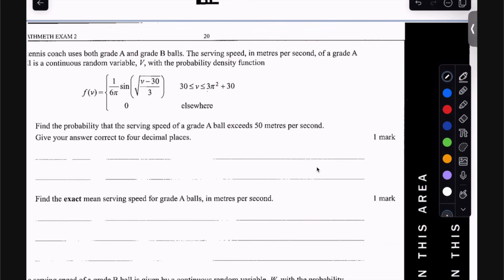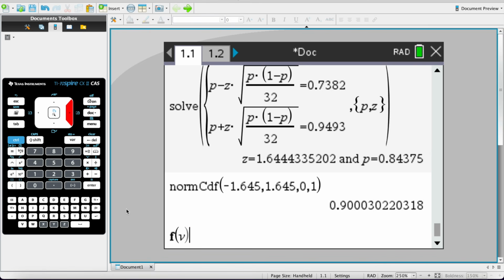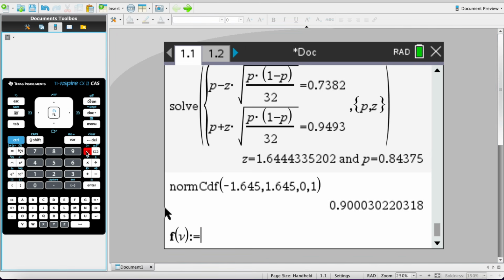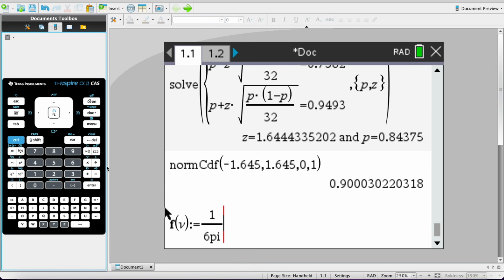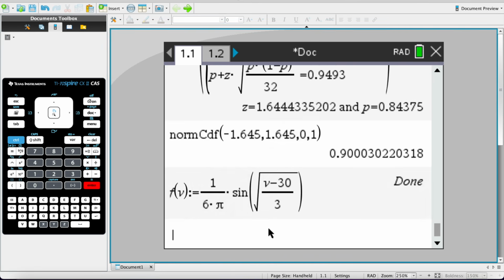So that's just the integral. Okay, so I'm just going to define my function f of v to be 1 on 6 pi times sine of the square root of (v minus 30) over 3. So that's the function, and we just want the integral.